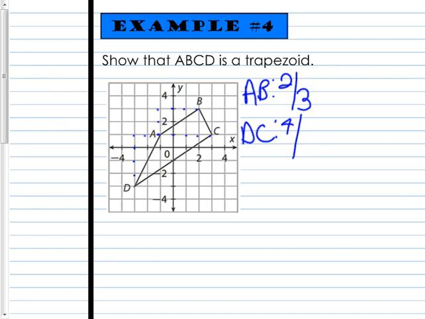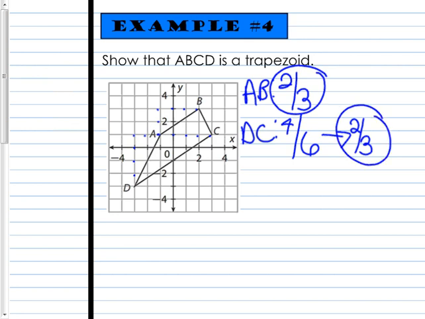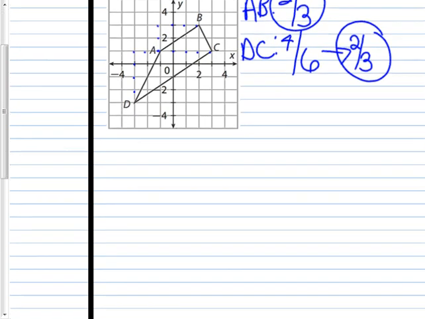Well, do they look to be the same? No. However, 4/6 can be reduced. 4 divided by 2 is 2. 6 divided by 2 is 3. 2/3, 2/3. So are these two lines parallel? Yes, they are parallel because they have the same slope.